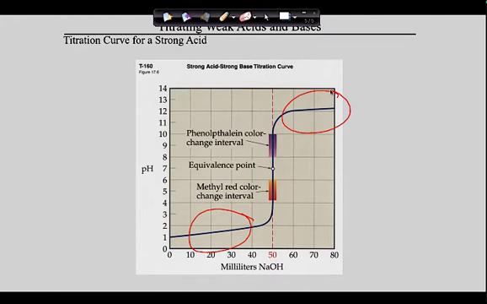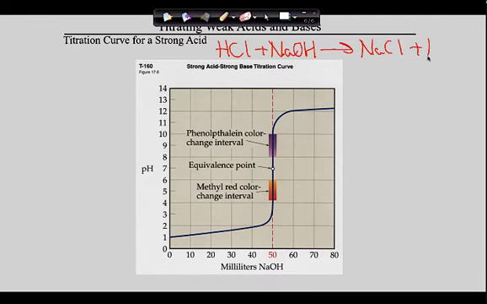Okay, so then guys, if you understood this, you should also understand after equivalence. So remember, the math for after equivalence is exactly the same as the math before equivalence, but now the rules change. So guys, before equivalence, we had extra HCl. At equivalence, all the HCl is gone, so what are we going to have after equivalence? Extra NaOH.